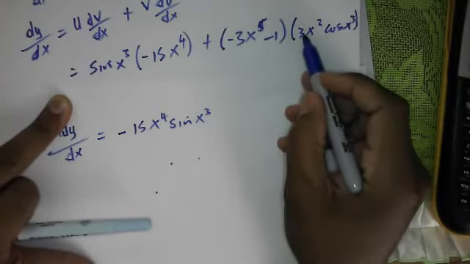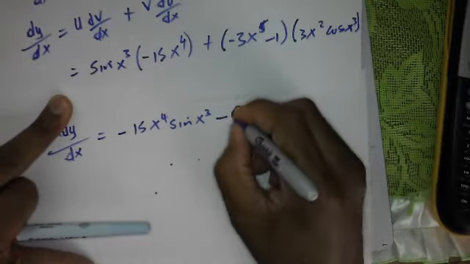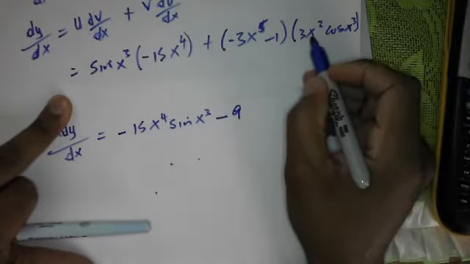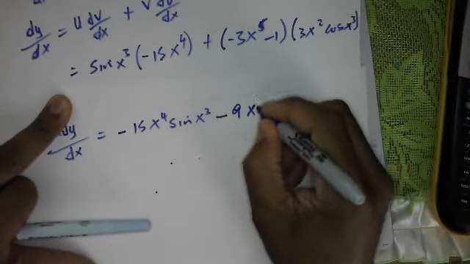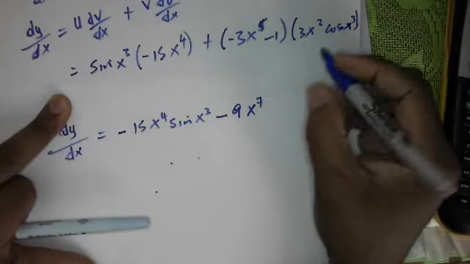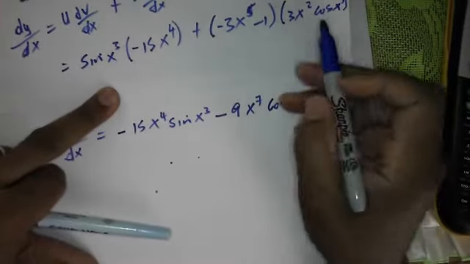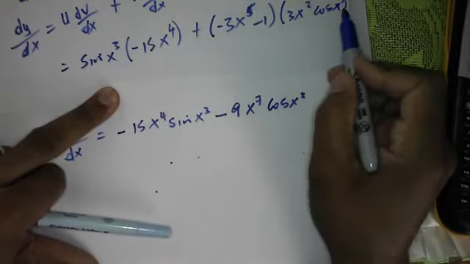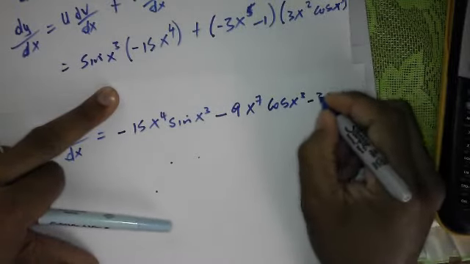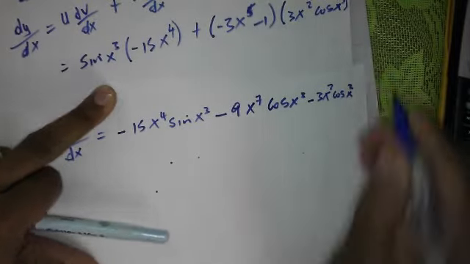So negative times positive, that would give me negative 3 times 3, that is 9. x to the 5th times x squared, that would give me x to the 7th, because we're multiplying, bases are the same, so we add the exponents. Cos x cubed. And then negative 1 times all of this in here, that would give me negative 3x squared cos x cubed.